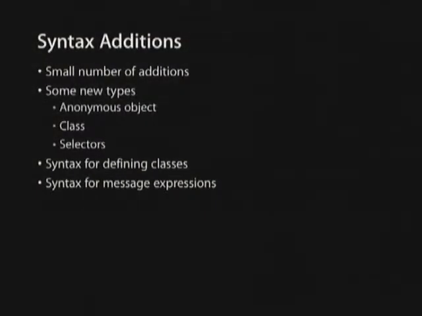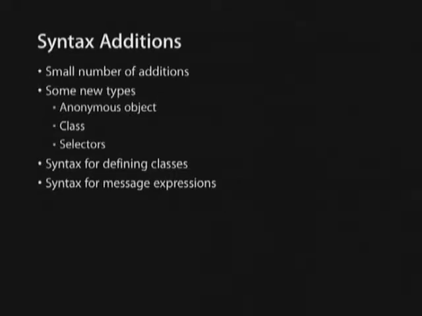OK, so on top of C, some syntax additions. The anonymous object is the loose typing that I'm describing. So the id type is an anonymous object. Class and selectors are two different language-level constructs for identifying classes and for identifying selectors.